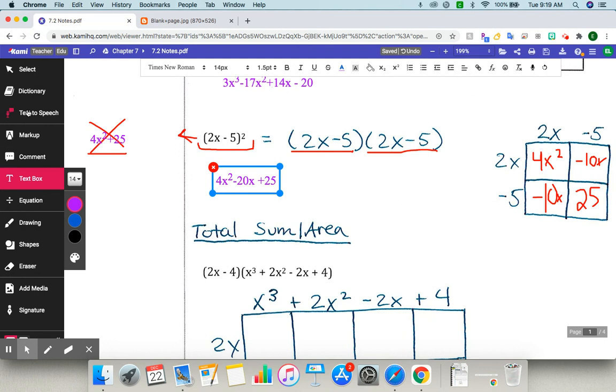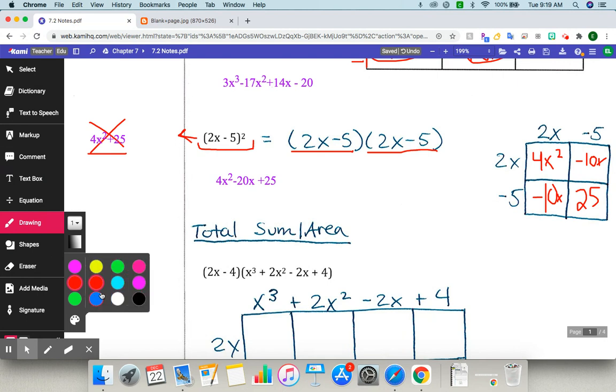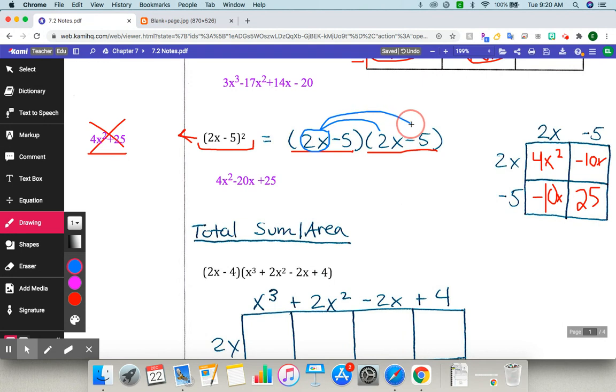Now, there is another option of multiplying polynomials beyond just the generic rectangle, and this idea is multiple distribution. So what we're actually doing is distributing this 2x to each term in the second factor. That gives us 4x squared minus 10x.